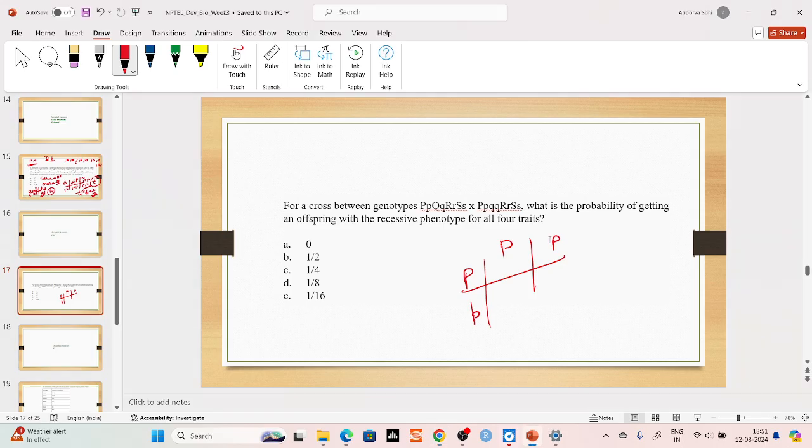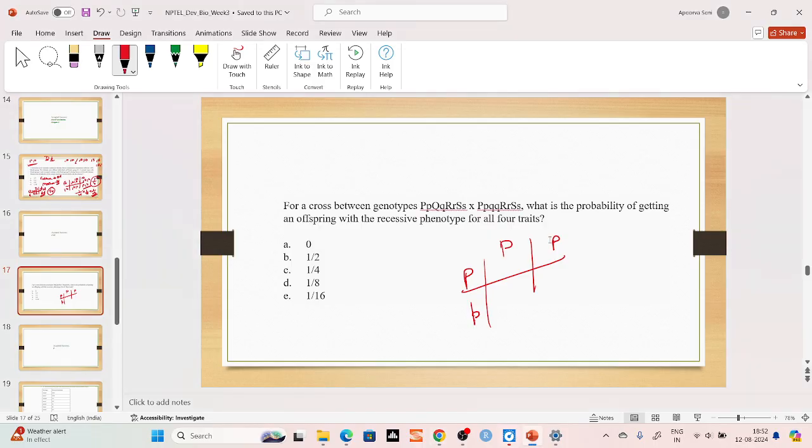Yes, madam, I multiplied 1 by 4, 1 by 4, 1 by 4 three times. It comes to 1 by 64, and the option is not here. Actually, I think you are correct. Some fraction is there, but the probability is 0%.